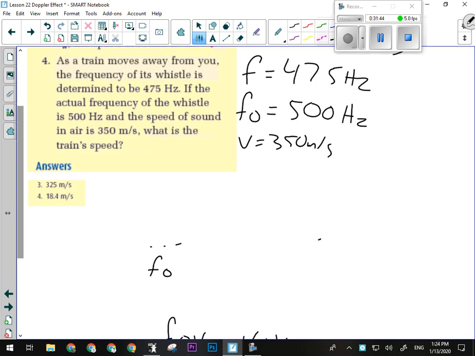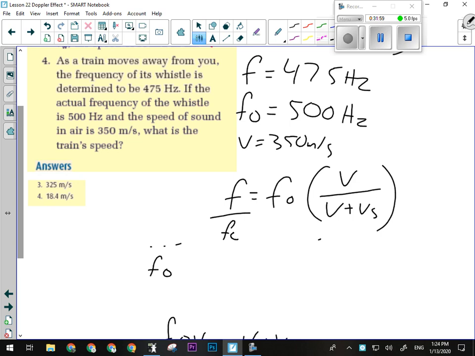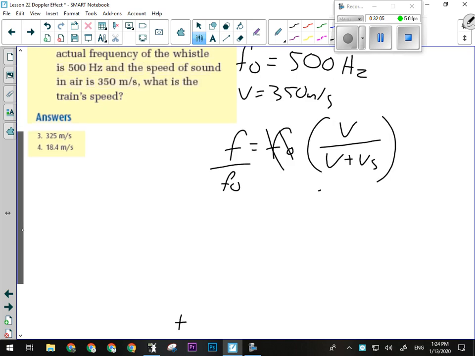So we are looking for the speed of the source, Vs. So we have F equals FO times V over V plus Vs in this situation. First I'm going to bring FO over to the other side by dividing by it. Then I'm going to flip both sides just so I can get Vs on the top.